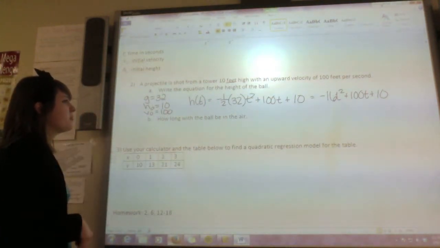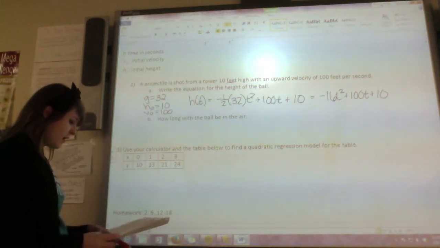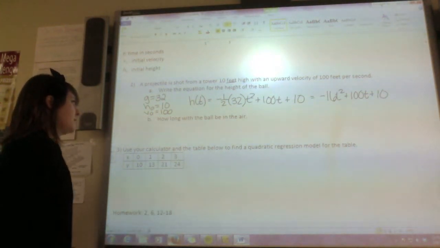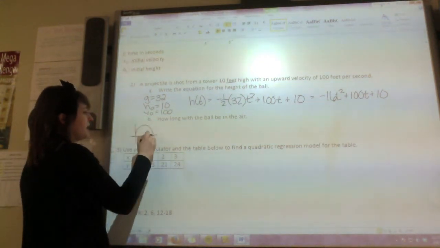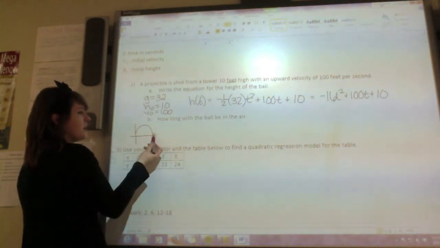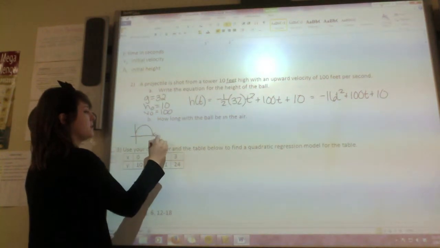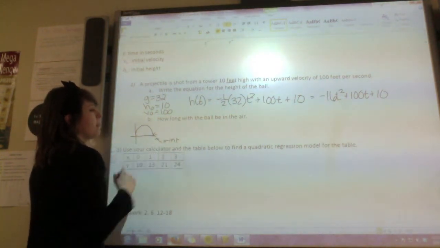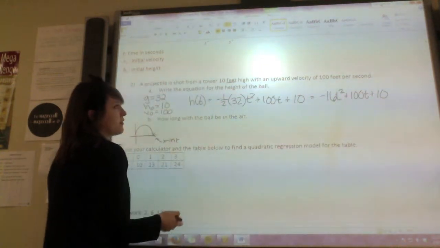And then it says, how long will the ball be in the air? Well, essentially what it's asking me to find is the x-intercepts. So if I were to graph this, it would look something like this. Well, if I want to figure out how long the ball is going to be in the air, I need to figure out when it hits the ground, which is going to be at this point here, which is your x-intercept. So what I'm going to do is plug these into my quadratic formula.